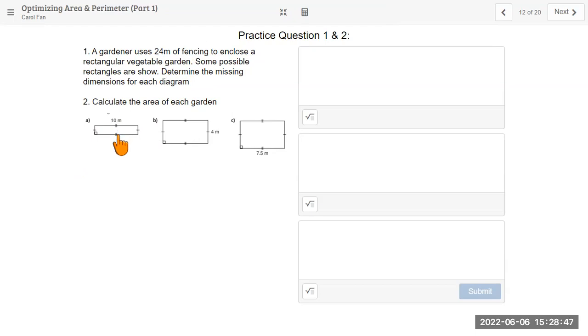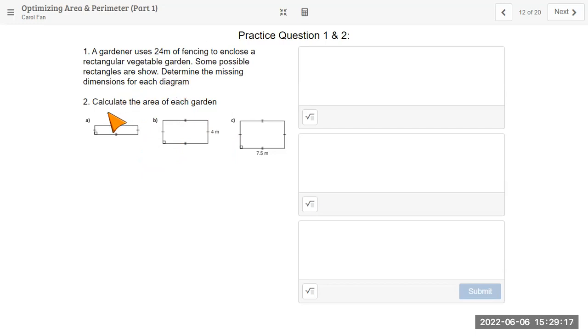You can probably figure out in your head that this will take up 20 meters already. So the remaining 4 meters has to be divided evenly, one for each side. So I have a 10 by 2 rectangle. You're going to be doing the same thing for each of these. You could either do it algebraically or you could do it intuitively.